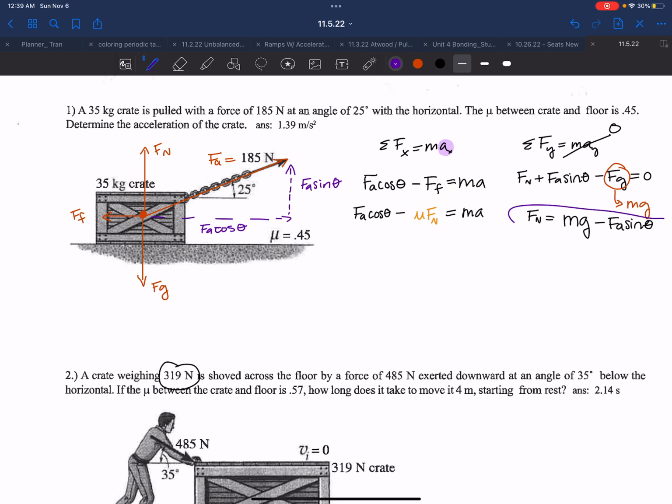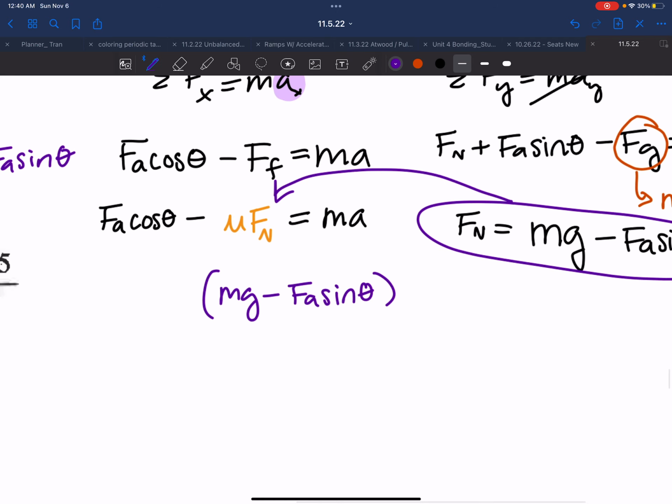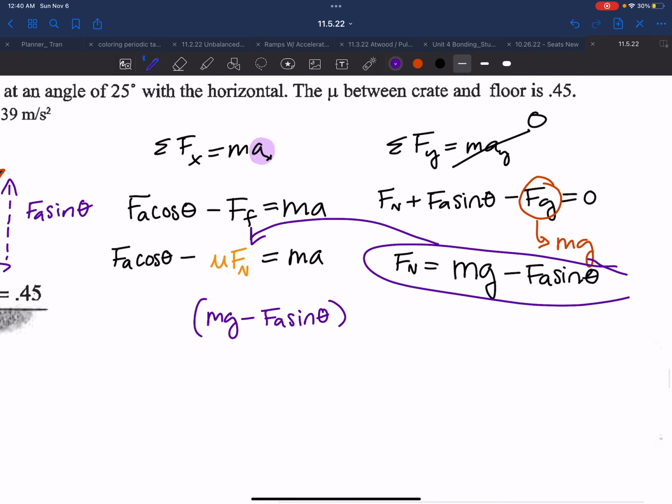So if I do that, then I will have mg minus F_A sine theta. I'm going to put all of this in parentheses, and zoom in too. I'm going to carry everything down: ma equals F_A cosine theta.